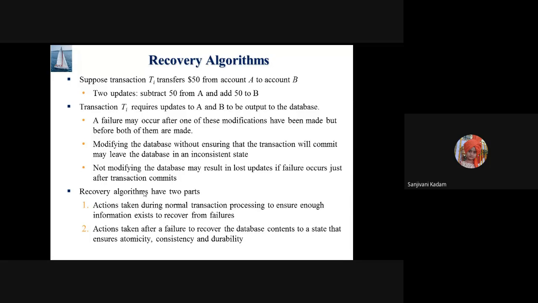This means that whenever I am executing a transaction, I will make sure that my system may fail at any point of time. So whenever the system resumes, it should have enough data so that it will know which operations were done. So whenever we are executing a transaction normally, the system will keep track of its own actions.